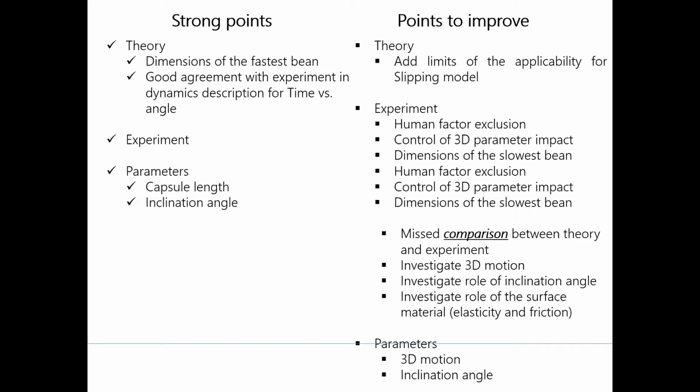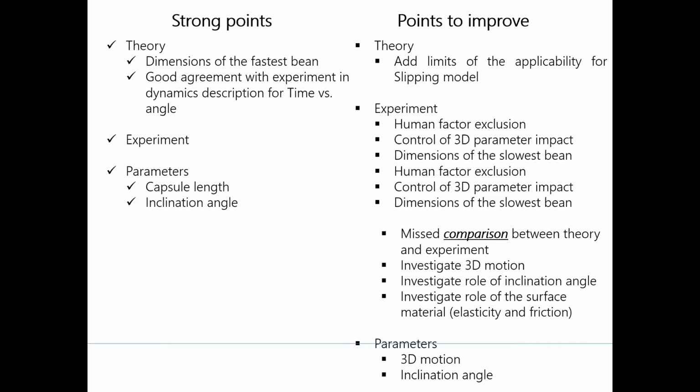Also, unfortunately, it wasn't clear to me how the dimensions of the slowest bean compare with experiment. And if we talk about the parameters which the reporter should vary, there are the 3D motion of the capsule and the ball we should put inside the capsule.